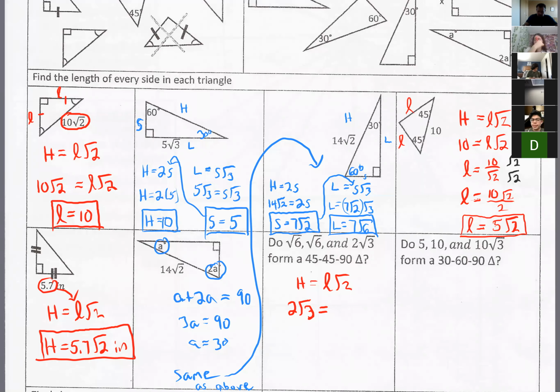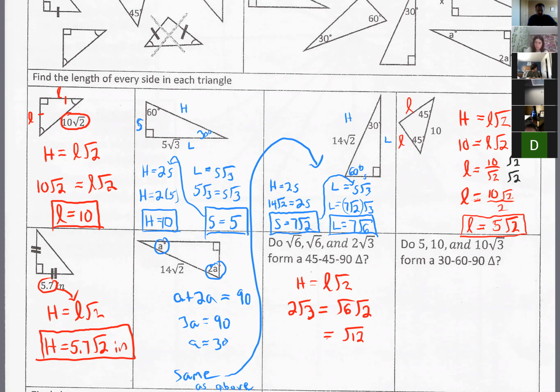So 2 radical 3 equals L, which would be square root of 6 times square root of 2. So this would equal square root of 12, which equals 4 times 3. And the square root of 4 is 2.